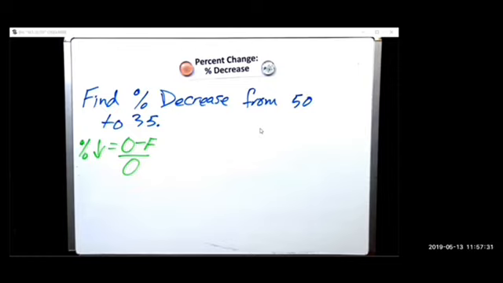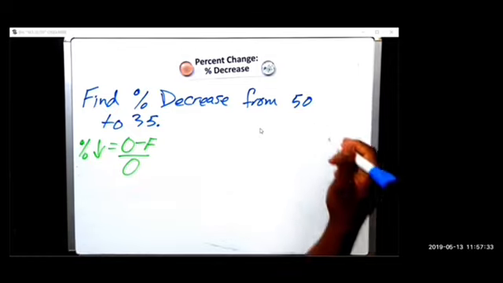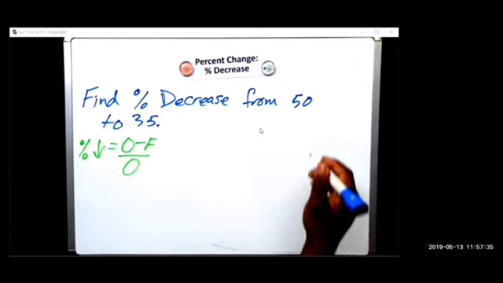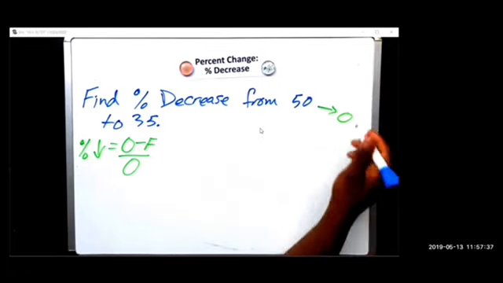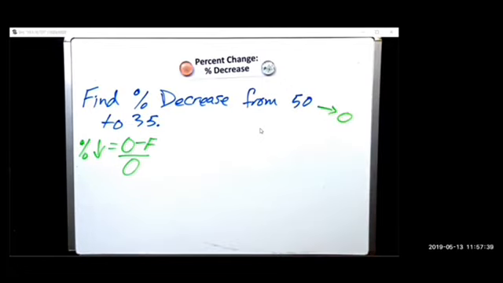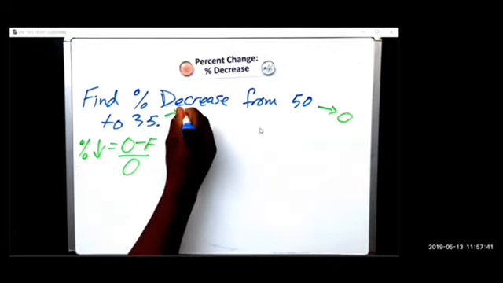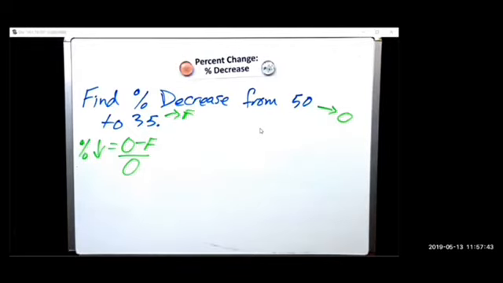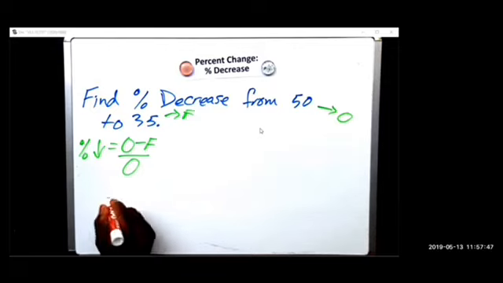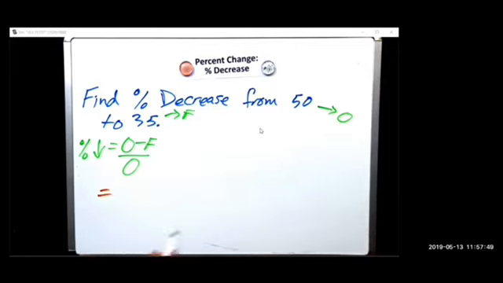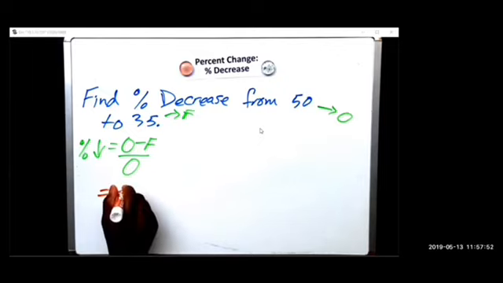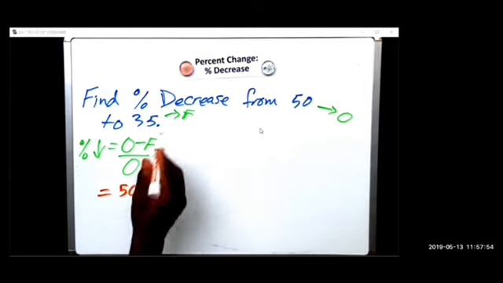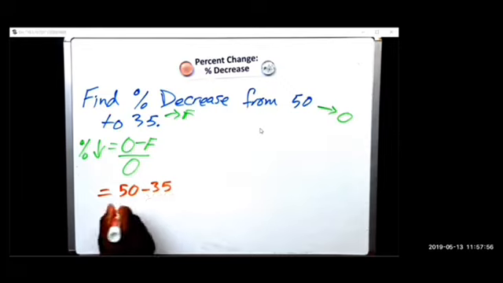All right, so 50, that is our original. And 35, that's our final. So let's go ahead and follow this formula. The original is 50 minus the final, which is 35, divided by the original, which is 50.